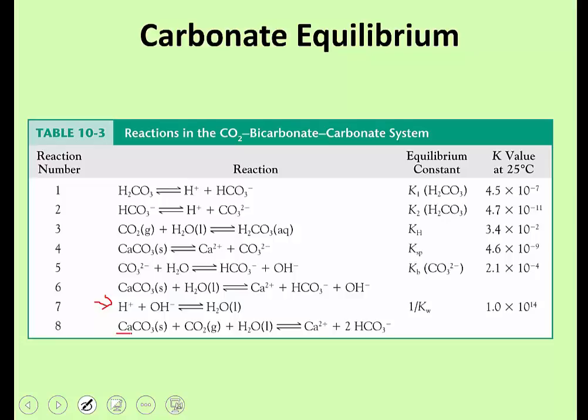So here's all of those reactions. Now, the nice thing is, we know things about these reactions. We know what the equilibrium constants are for these at room temperature, 25 degrees Celsius. We know solubility products and base. Okay, so KH, KB, we know all these different things that can allow us to actually make some measurements and make predictions about effects that are going to occur in this system.